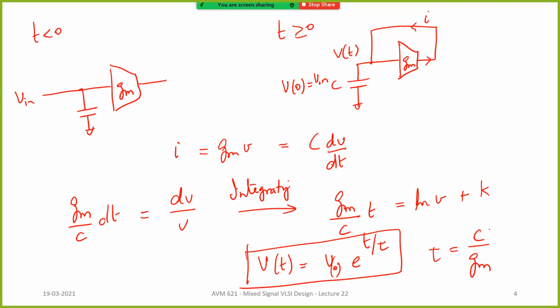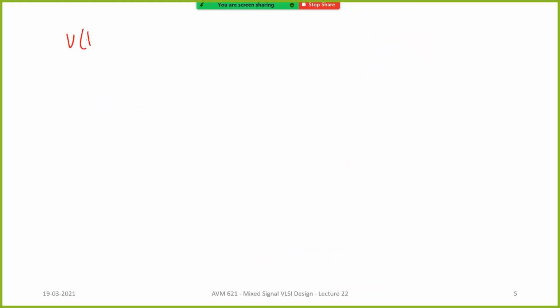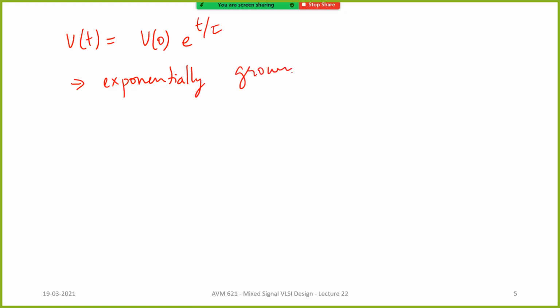It is an exponentially growing function, right? So I rewrite this equation, V of t given as V of 0 e power t by tau. This is an exponentially growing function, correct?